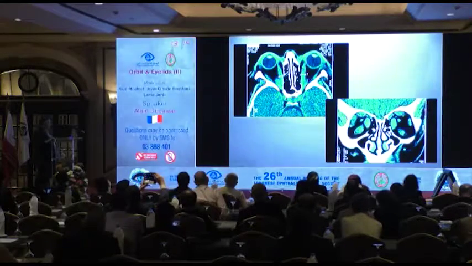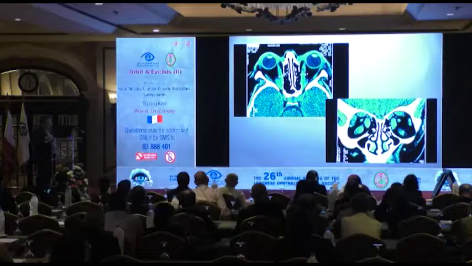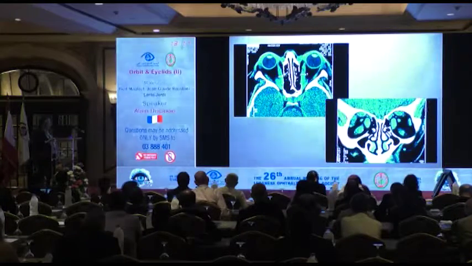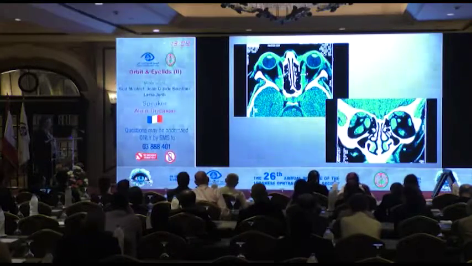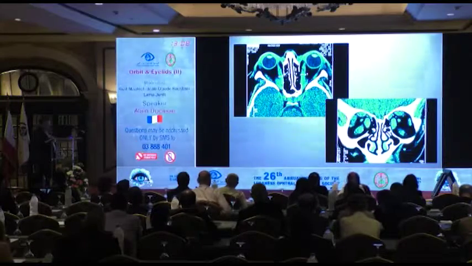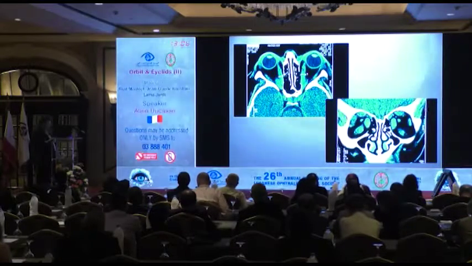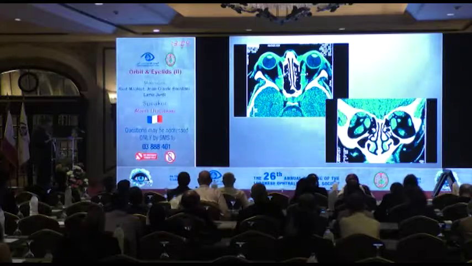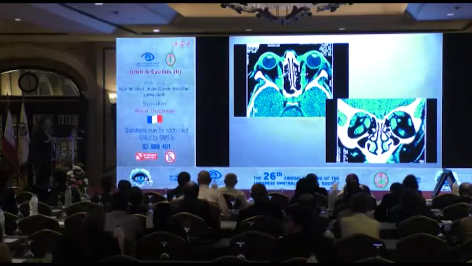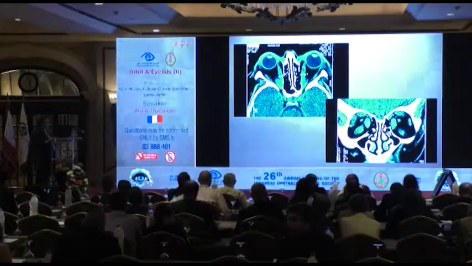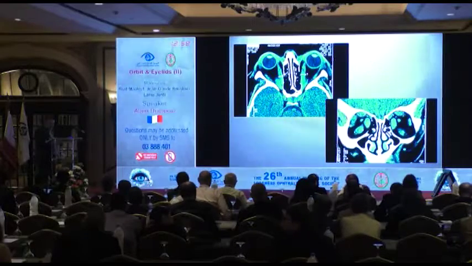There are big muscles and little fat. It's important to do an orbital and bony decompression in this case. You can see the muscle very large.